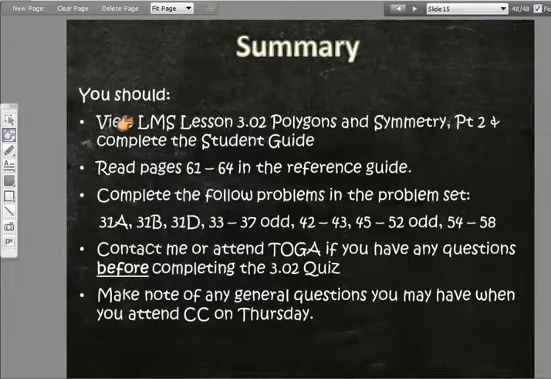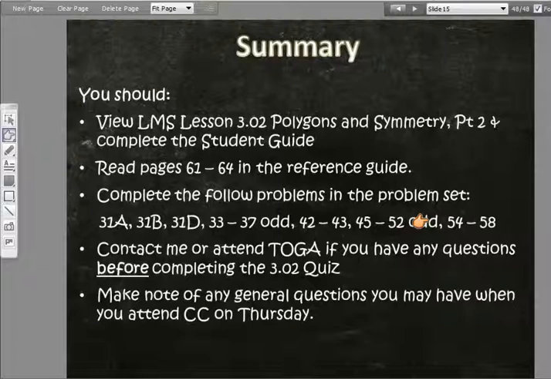Of course, you need to be reading through the LMS lesson 3.02, Polygons and Symmetry Part 2, and completing the student guide. Remember, those are your notes that you get to use on your test. Be sure to add any notes that you can gather from reading through the reference guide, and complete the following problems in the problem set.